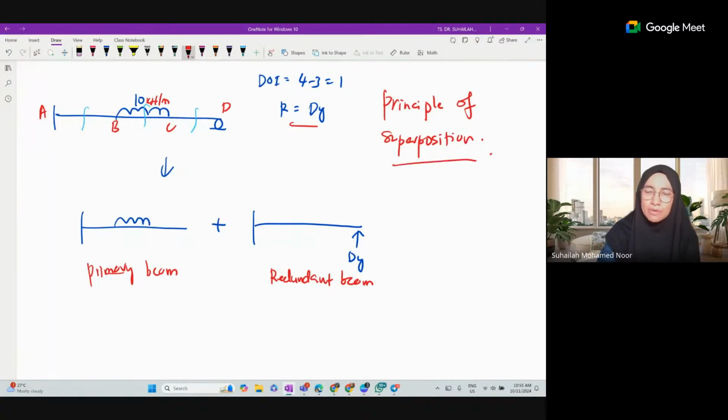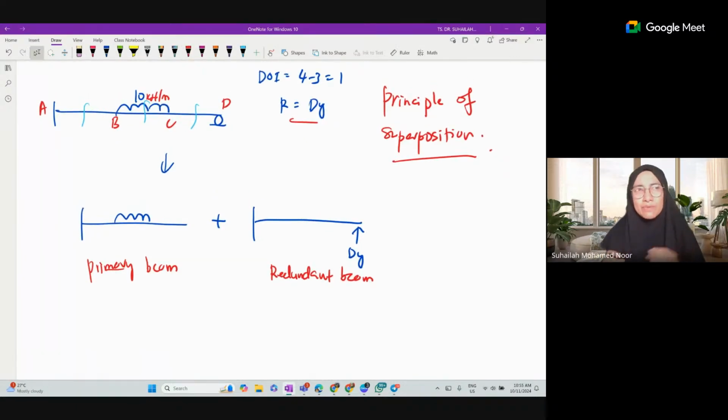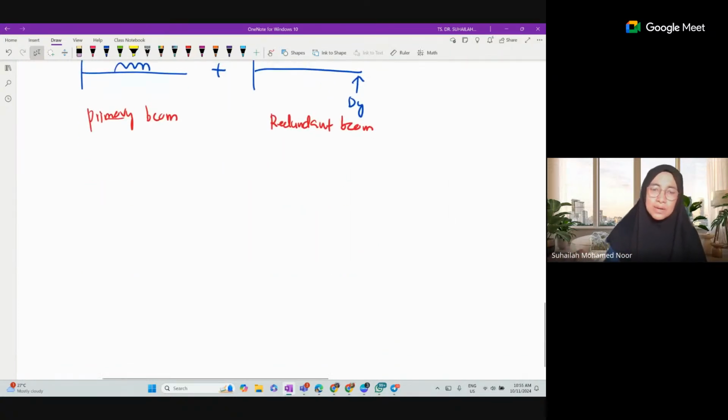Under the principle of superposition, as I also wrote in the module, we have to remember one general equation. For understanding the principle of superposition, we have to understand one general equation.